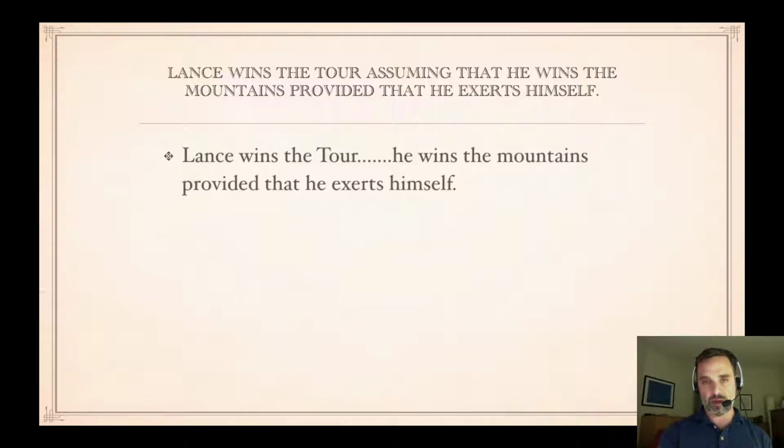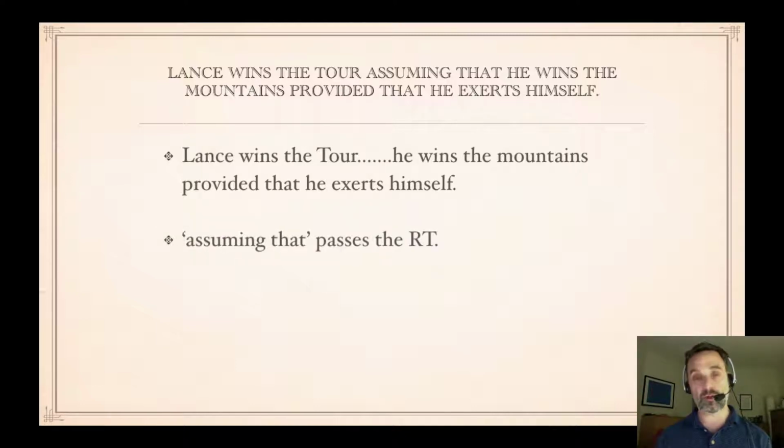We're left with two sentences: Lance wins the tour on the one hand, and he wins the mountains, provided that he exerts himself on the other. And those are both component sentences. So "assuming that" passes the removal test, we're left with the right number of sentences.